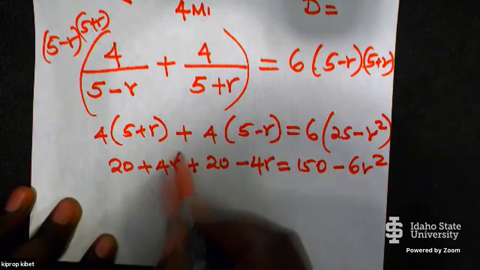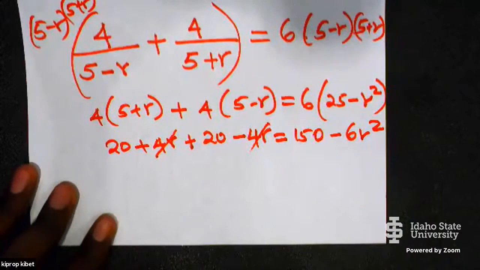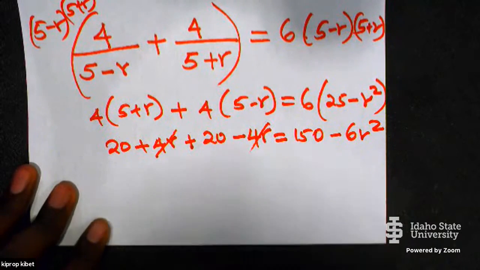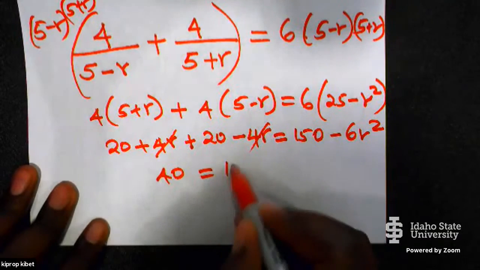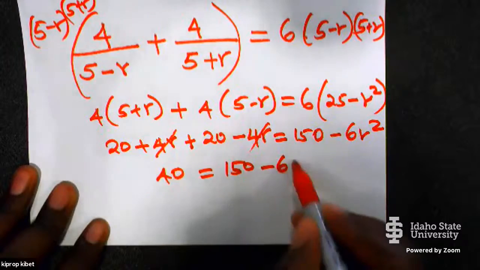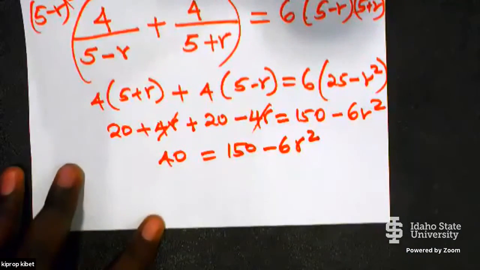So this 4R and that one will cancel, right? Because 4R minus 4R is zero. So this is 40 equals 150 minus 6R squared.